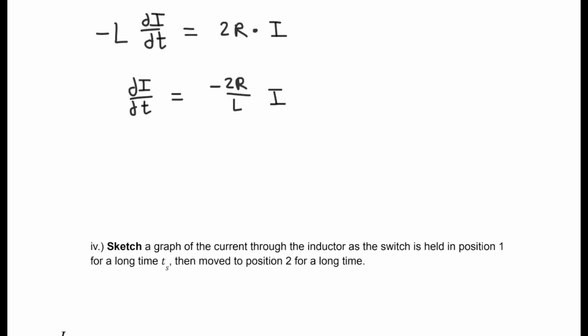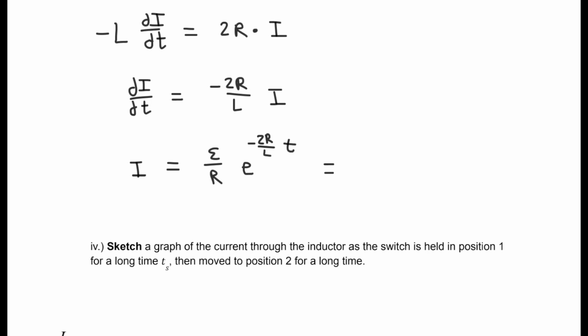So if I were to just skip to the answer, I can actually just look at this and I know that the answer should be I is equal to the maximum current, which is the battery EMF divided by R, because that's the current our circuit started with, times e to that proportionality constant, negative 2R over L times t.